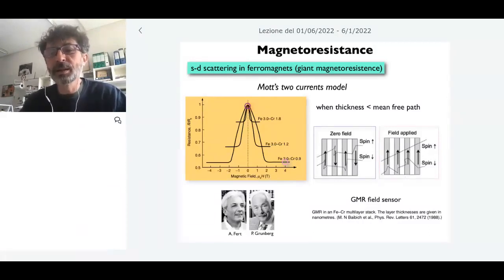And then if you think of the conductivity as we described here, you may wonder whether the total conductivity of the material as a whole can be completely different.